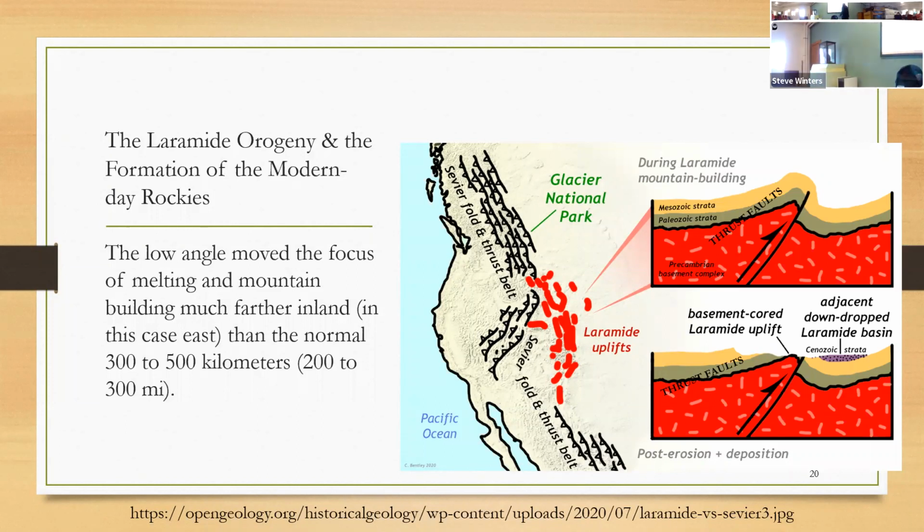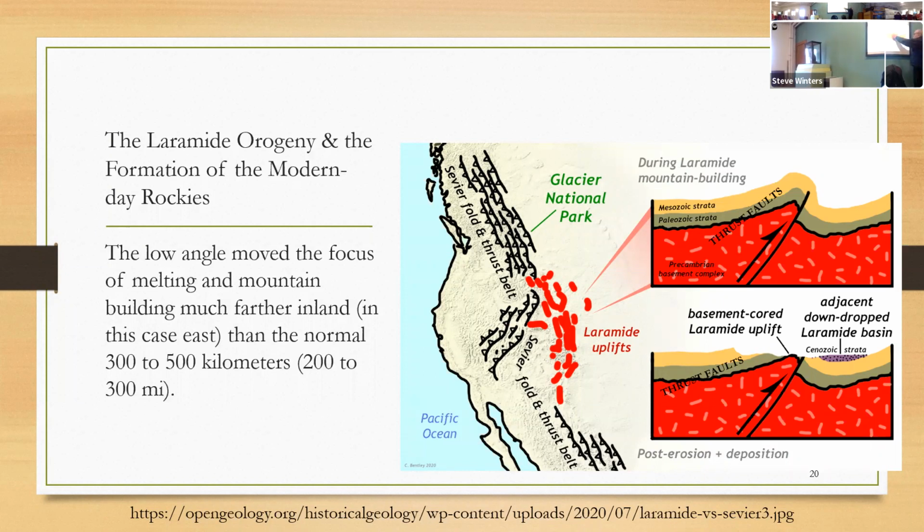you start to see what we call Laramide uplifts. The Laramide uplifts are really just thrust faults that push the crust up. Notice when I say thrust fault, I mean the upper plate is being pushed up over the lower plate. Think about what that means.